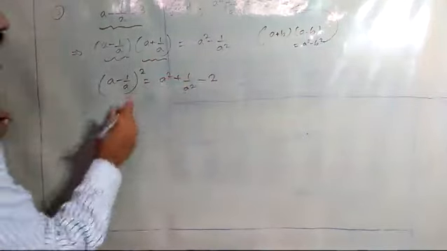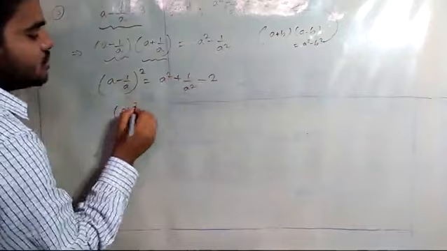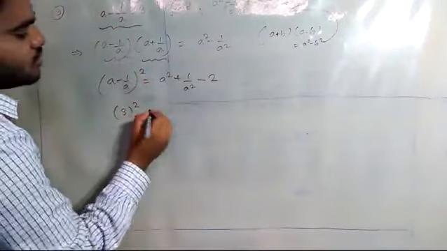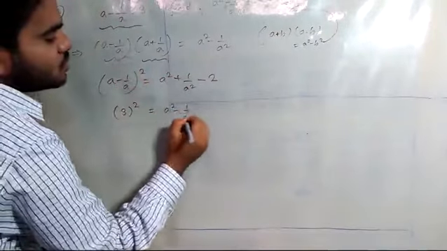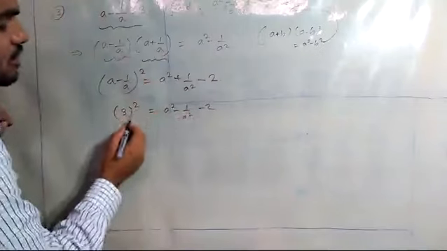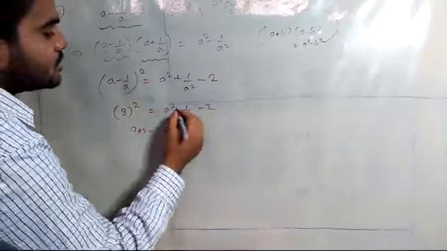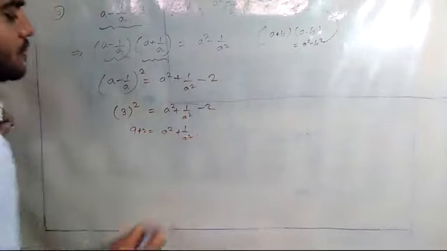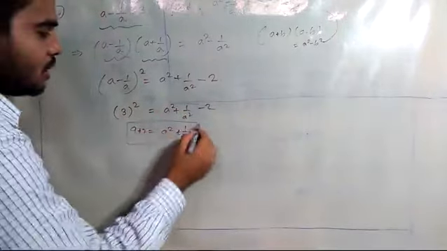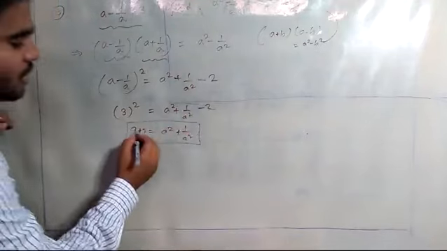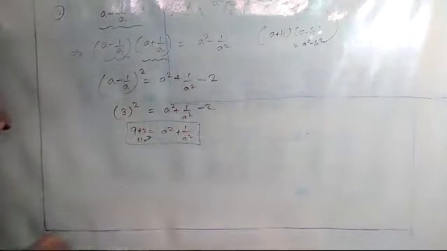Yes or no? Then from here you will write, a minus 1 by a is 3, so 3 square is equal to a square plus 1 by a square minus 2. 3 3s are 9. 9 plus 2 is equal to a square plus 1 by a square. This is what you got, a square plus 1 by a square. 9 plus 2 means 11, correct?